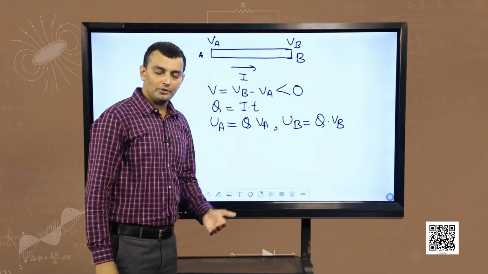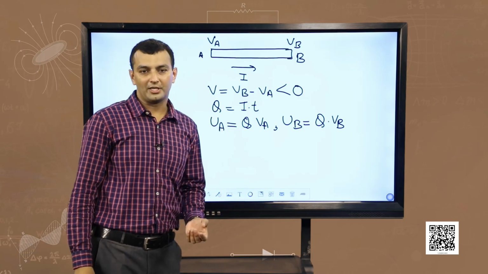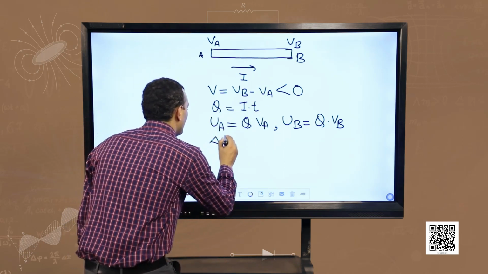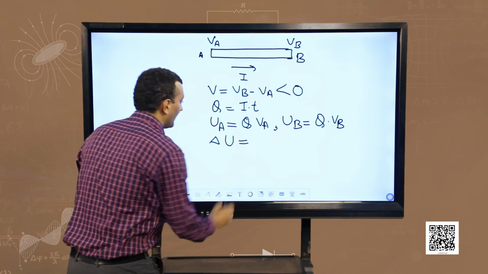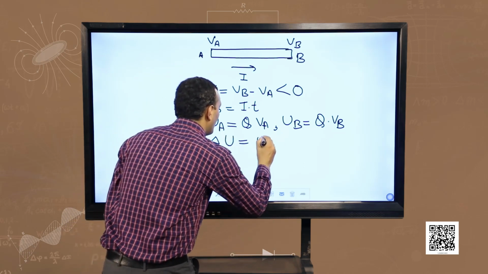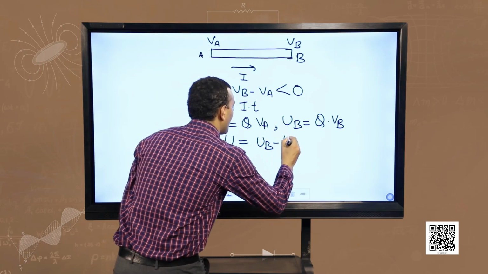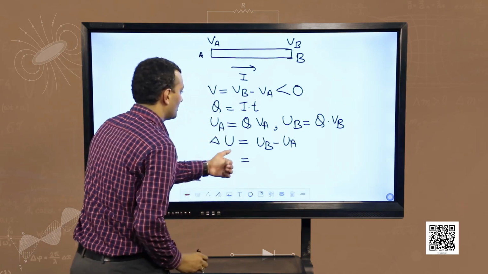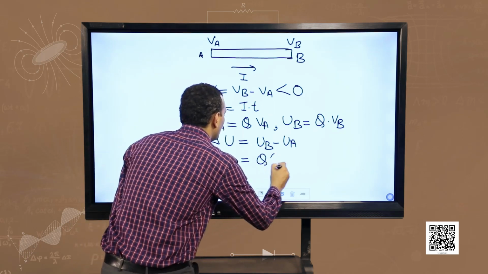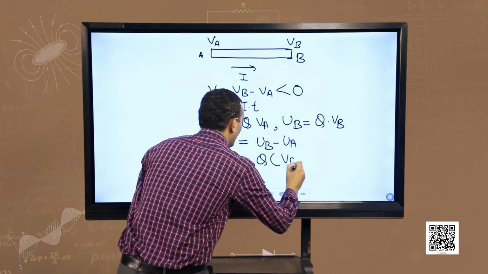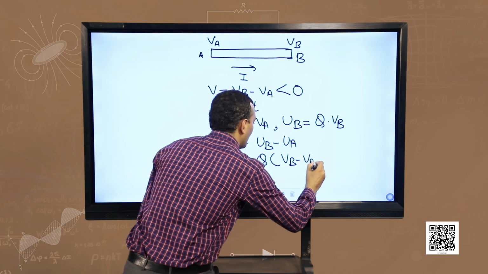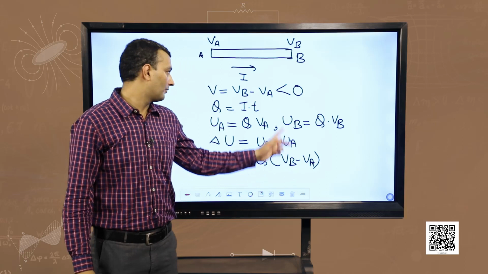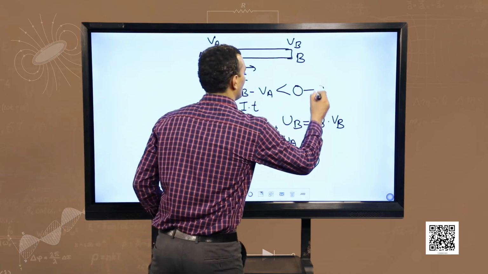From these two expressions, we can find the change in potential energy of the charge when it moves. That change in potential energy is given by the final potential energy minus the initial potential energy, which comes out to be Q into Vb minus Va. Let us number this as equation 1.